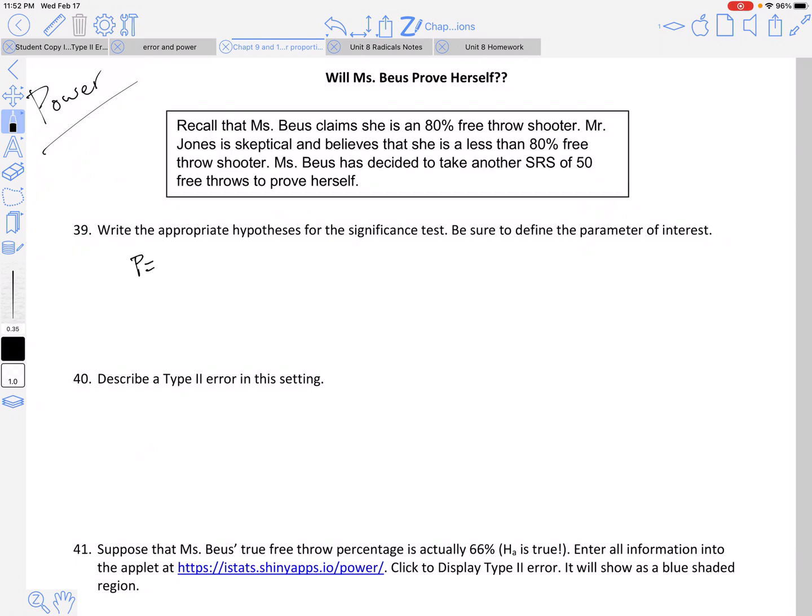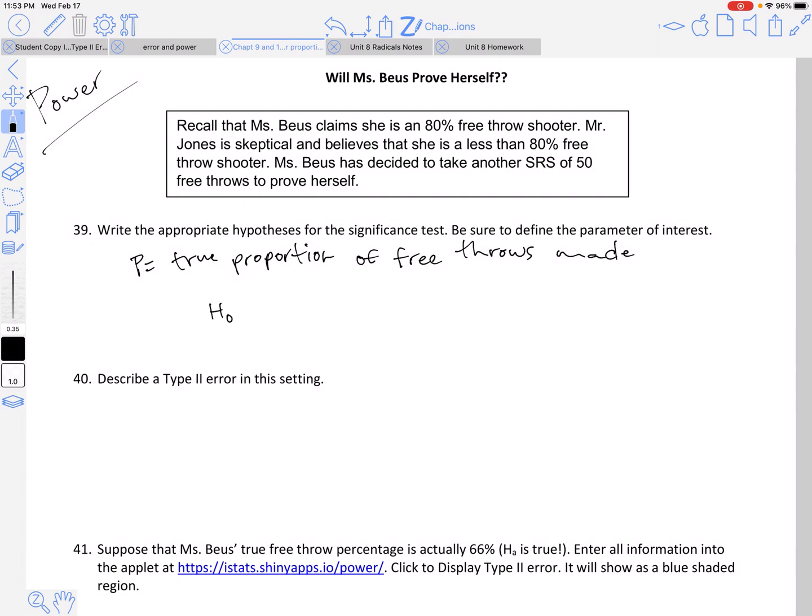My P is the true proportion of free throws that I'll make. Not in a single sample, but my true proportion, with my body mechanics all working together. How often am I going to make that? What's my true free throw percentage?